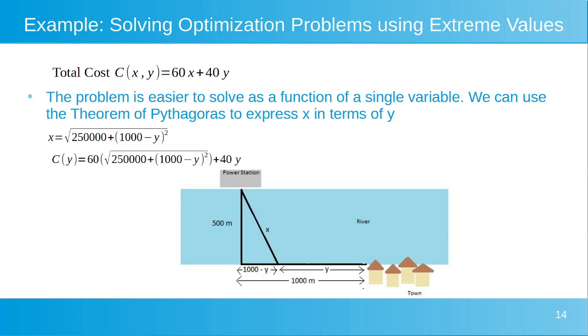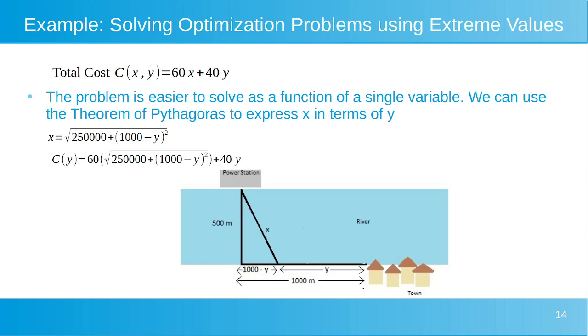So now when we look at our triangle in our graph here, one side is 500 meters, the other side is 1,000 minus y, and using the theorem of Pythagoras, we can express the x side of the triangle in terms of 500 and 1,000 minus y. And that's shown here in the next line of maths.